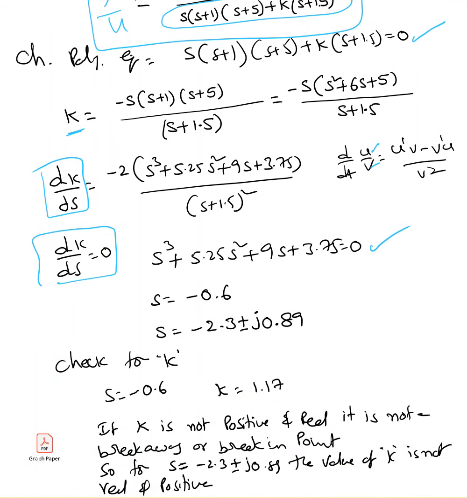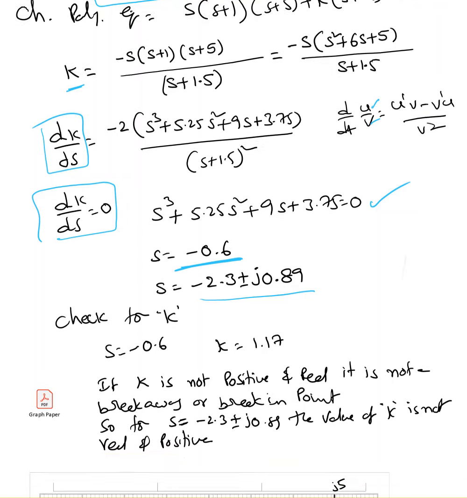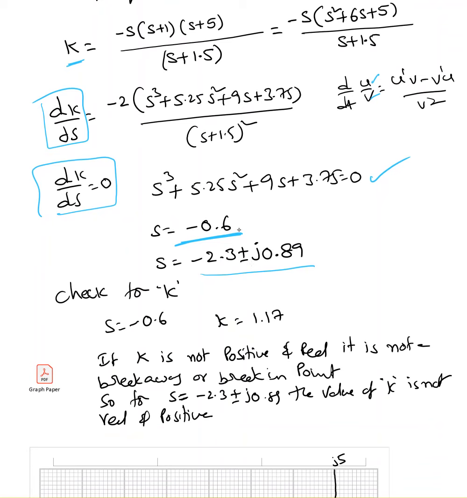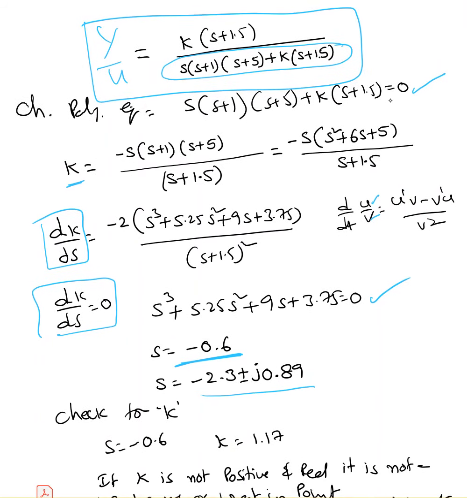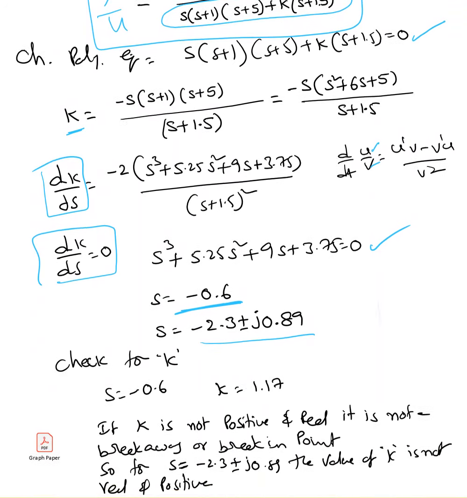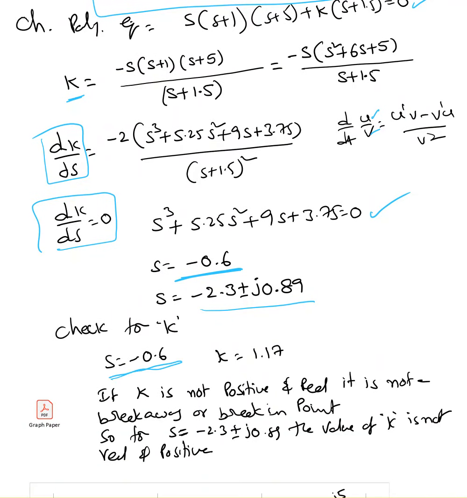So we'll end up with this. Now it's a third order characteristic polynomial equation. Find the s values. I end up with s equal to minus 0.6, and s equal to minus 2.3 plus or minus j 0.89. Now substitute these s values in the characteristic polynomial equation to find k. When I substituted s equal to minus 0.6, the k value is 1.17.